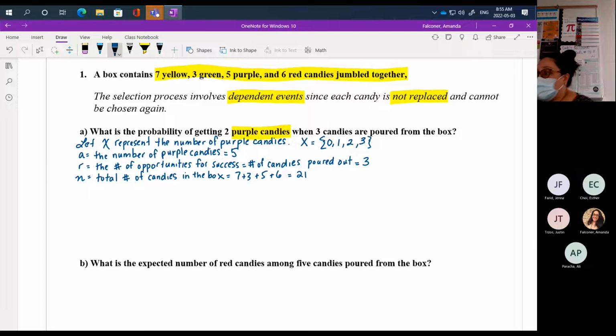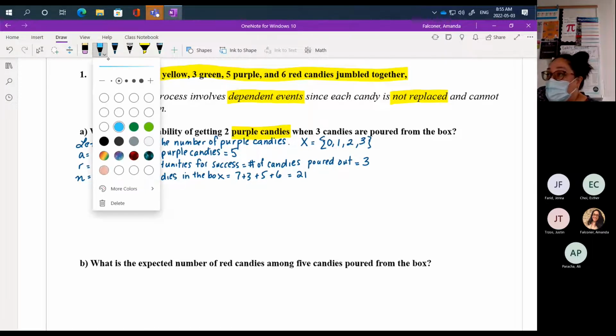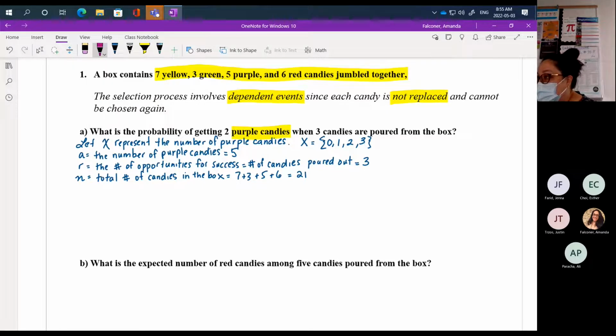Okay, so those are the values that we're going to put into that general equation, and we're going to solve for getting, specifically, what's the likelihood of getting 2 purple candies, right? So this is what we're trying to solve for, the probability of getting 2 successes.